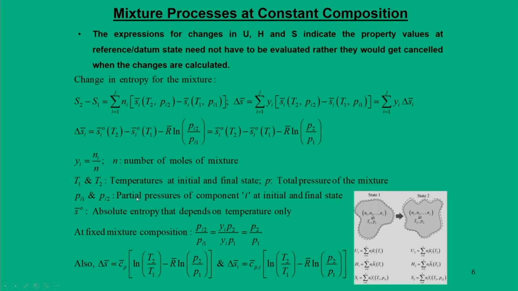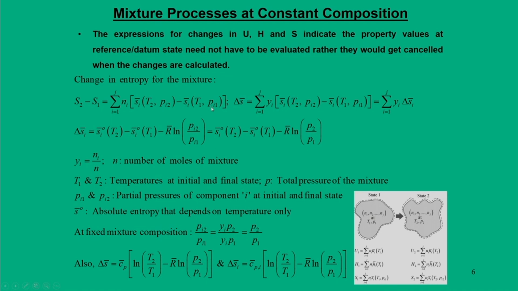Then, moving further, we can also calculate the change in the entropy. But the entropy change requires pressures: each component i will have its own partial pressure, and this partial pressure is going to be different for the initial state and final state.